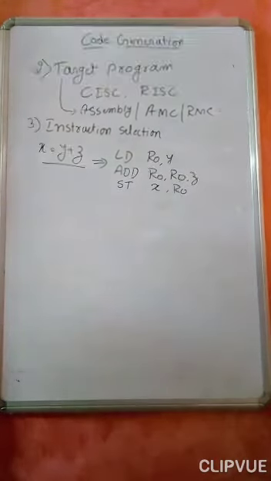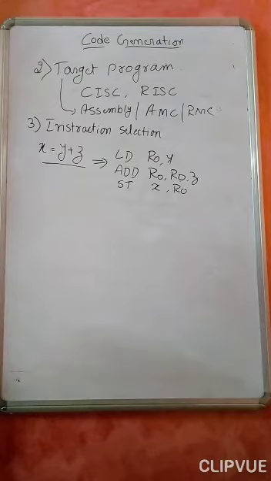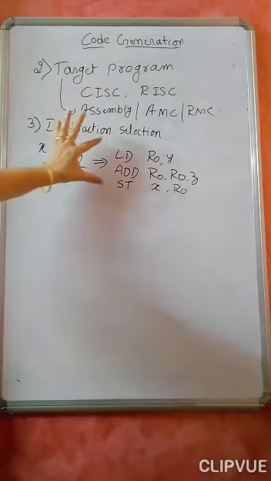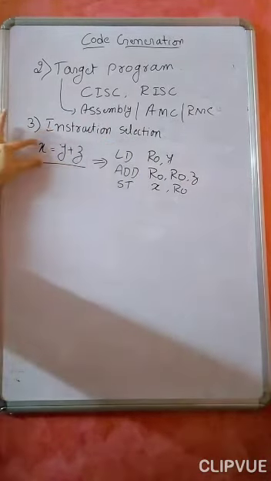You may know the difference because you have already studied 8086 in the microprocessor course. A variable is nothing but storing information in some memory location. So this is how we select the instructions for this 3 address code representation.